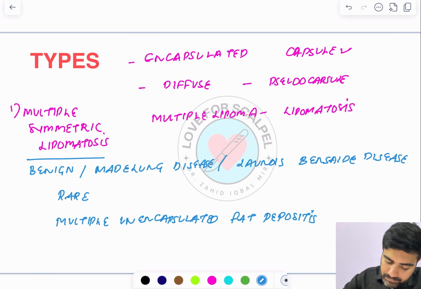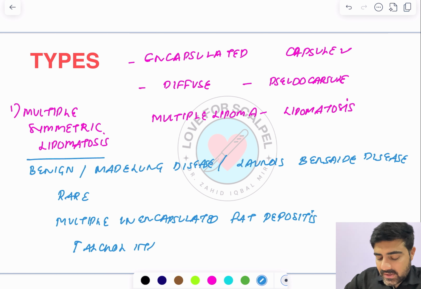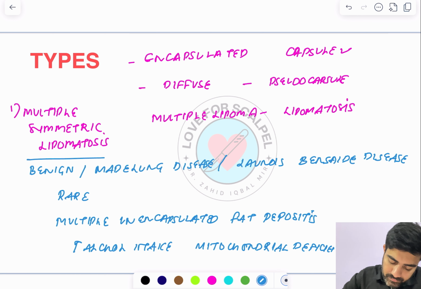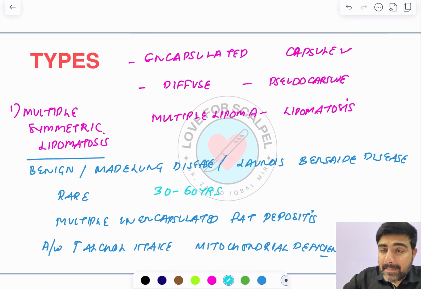It is associated with increased alcohol intake and mitochondrial deficiency. The exact mechanism is not known. Mostly it is seen in 30 to 60-year-old patients, and mainly they are males.